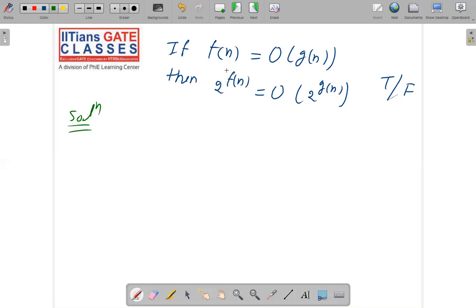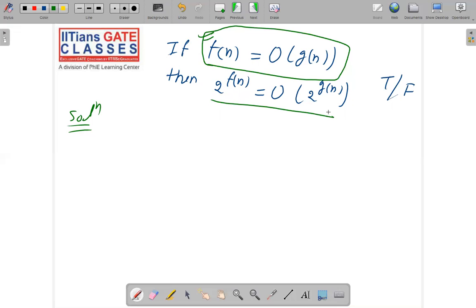The question is saying that Fn is big O of Gn is given as true. If this is true, then is the second statement true or false? How would you identify that? You can take some examples and try to put it in that way.